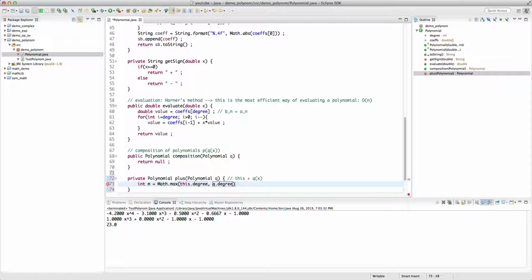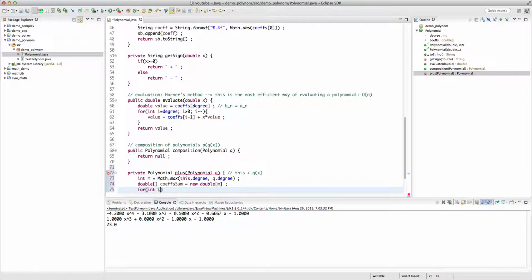Okay, and then double coefs sum equals new double m.